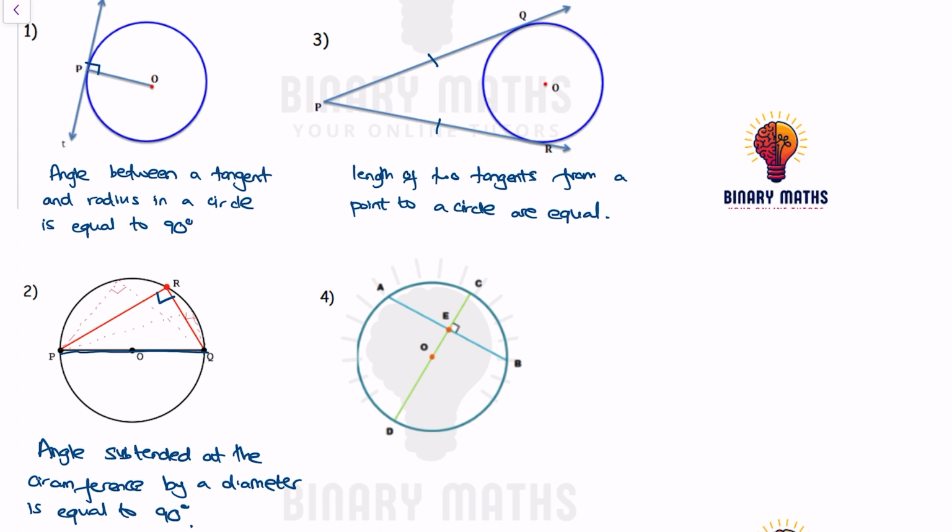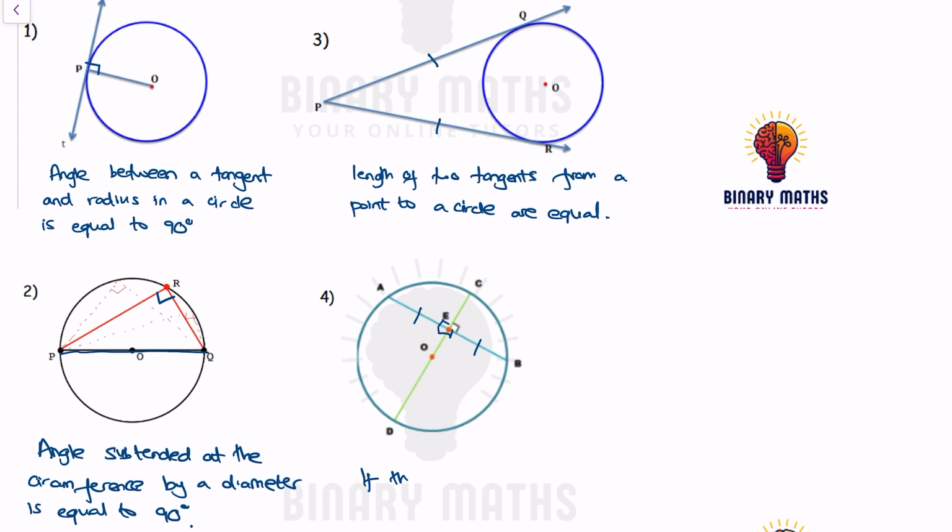And the last circle theorem, if the radius is perpendicular to a chord, then it bisects the chord. So this length and this length are the same, and vice versa.